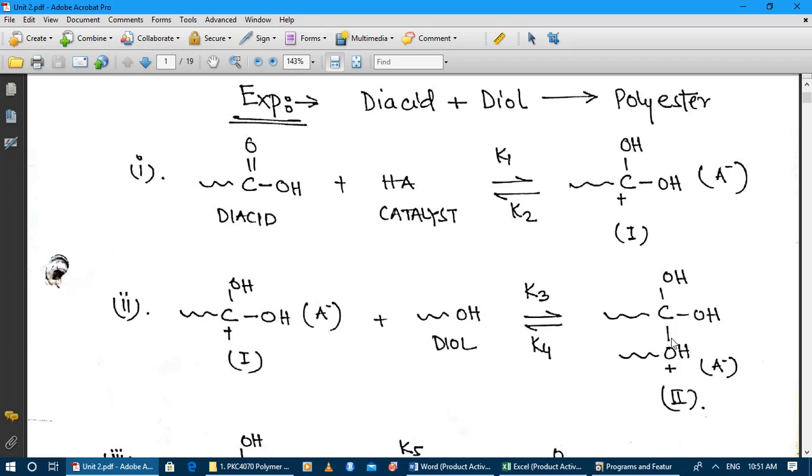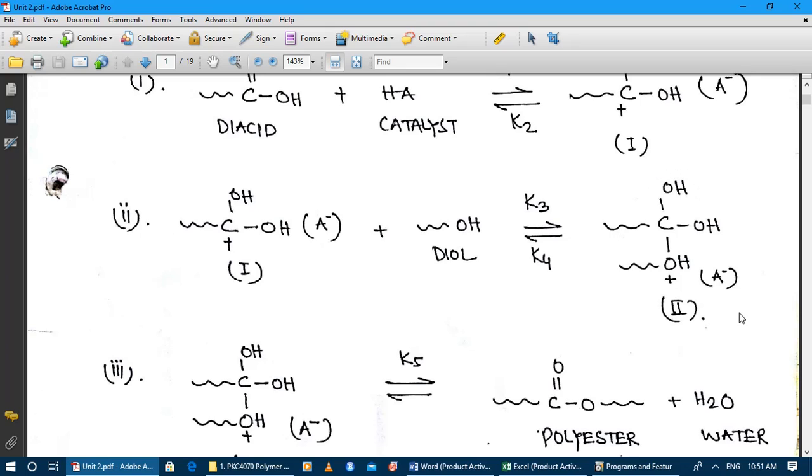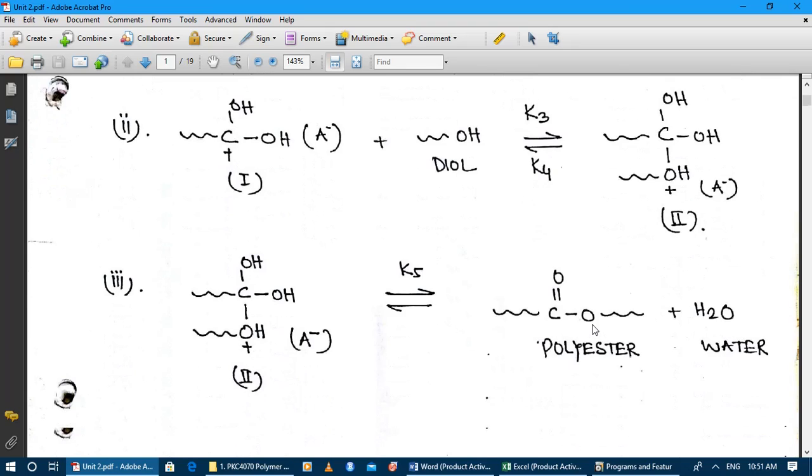The zigzag line shows that the polymeric chain is attached here, and another polymeric chain is attached to the hydroxyl group. So this is the second species that will also be formed for a moment. This duration may be in the order of microseconds or milliseconds.